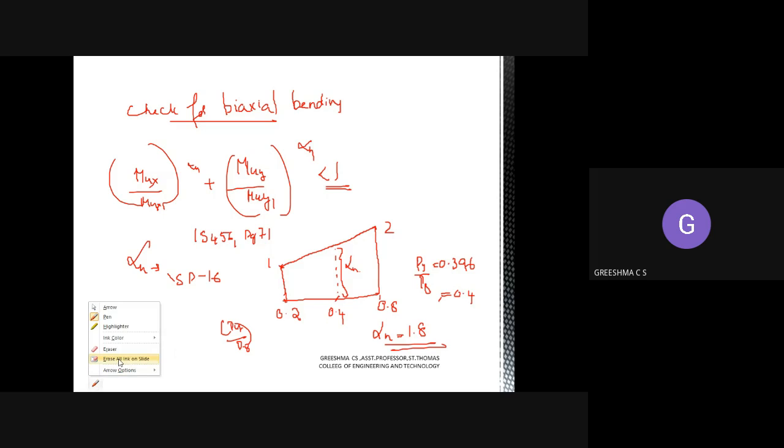Okay, now check MUX divided by MUX1. So how much is MUX? MUX is 190 kilonewton divided by MUX1, how much is MUX1? 243.2, all raised to 1.8, plus 1110 divided by 243.2, all raised to 1.8.